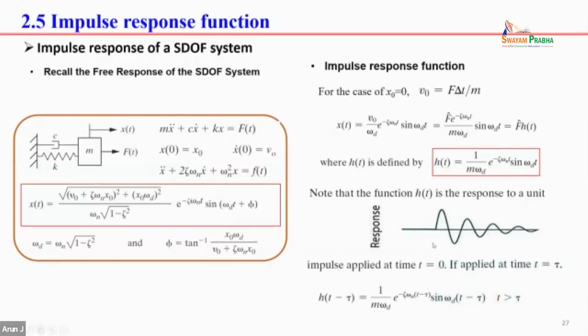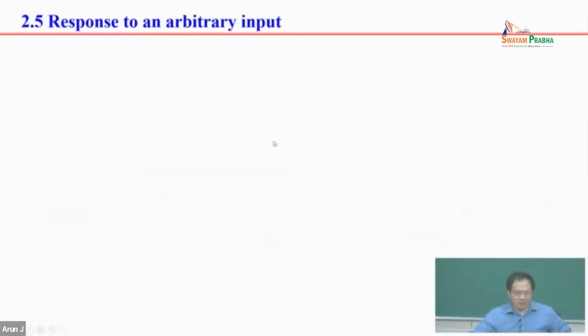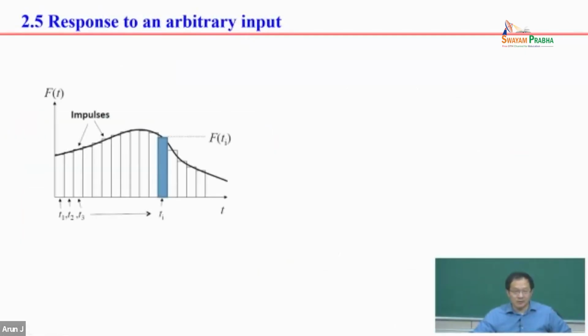and h(t) is time invariant. That means if the impulse happens not at 0 but is shifted to time tau, the response is also shifted by tau. Given this, we can get the response to an arbitrary input. Imagine an arbitrary force in the time domain, F(t).